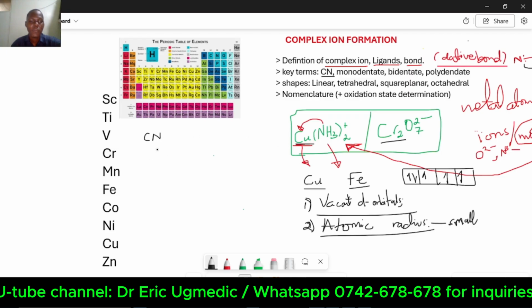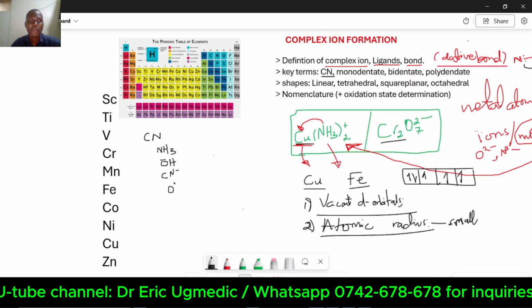Take an example of ammonia. Normally ammonium ions, let's say hydroxide, or we can have nitride.